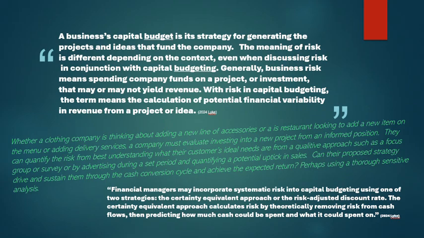Financial managers may incorporate systematic risks into capital budgeting using one of two strategies: the certainty equivalent approach or the risk adjusted discount rate. The certainty equivalent approach calculates risk by theoretically removing risk from cash flows and then predicting how much cash would be spent and what it could be spent on.